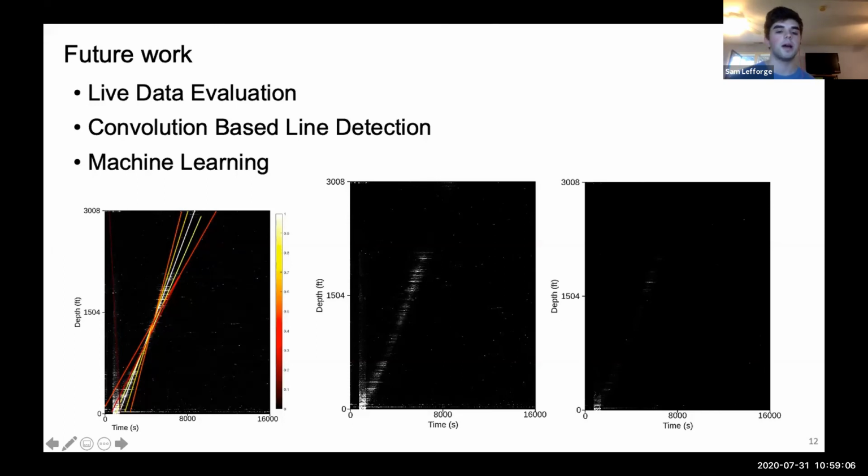So the reason that we decided to not go with either of these approaches is that we were working with a very limited data set, and these methods won't really work very well without a very large data set. But certainly in the future, when more data becomes available, these would be a more robust way of approaching this problem.